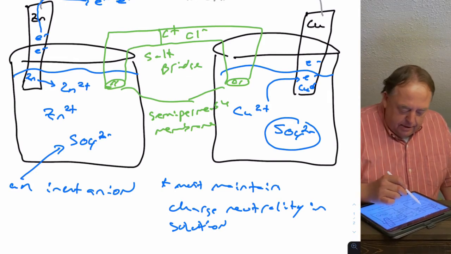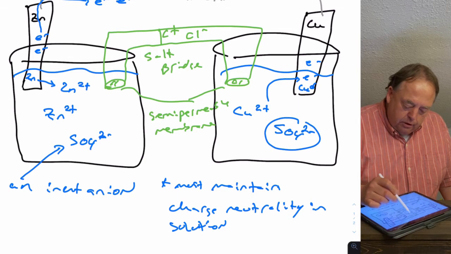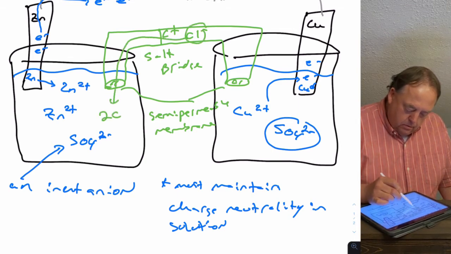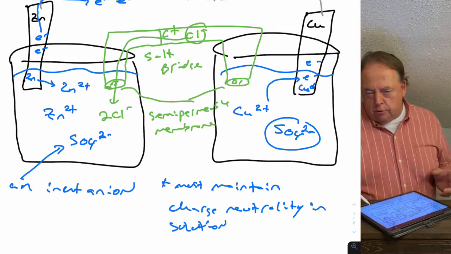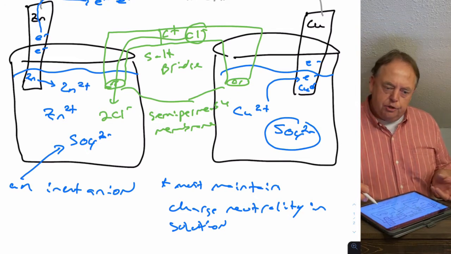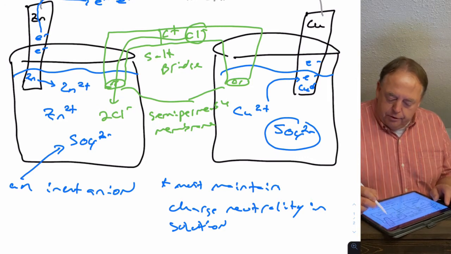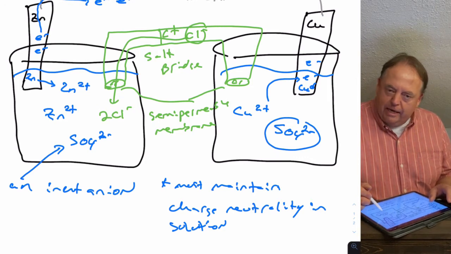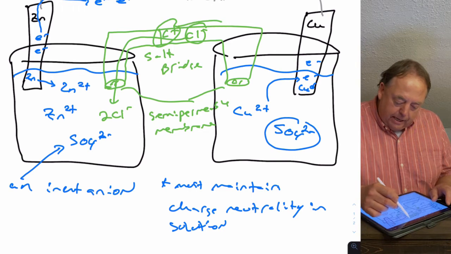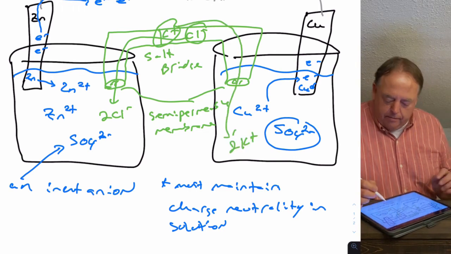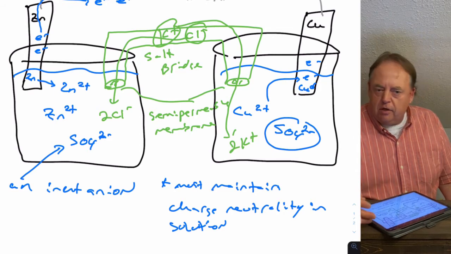So what's going to happen now is every time a zinc 2+ goes into solution, then 2 Cl minuses are going to go into solution from the salt bridge to maintain charge neutrality in the left cell. And every time a copper 2+ comes out of solution, now you have more negatives than positives, so potassium's got to go the other way, and 2 potassium's got to come in for every 1 copper 2+ that comes out.